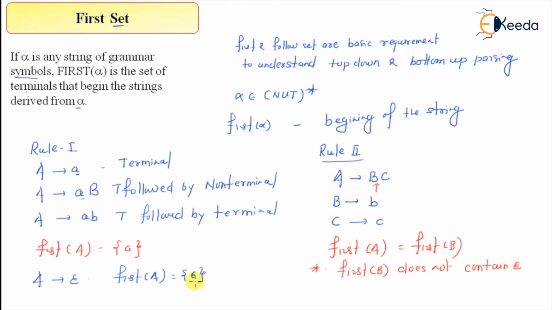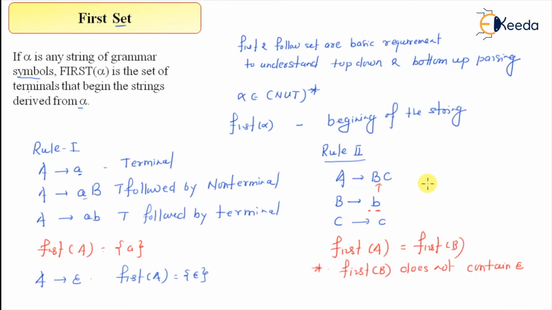If that is the case, first of capital B is only b, so first of capital A is first of B, and I can directly say that first of capital A is equal to b. As you can see, the rules are pretty simple: terminal and terminal, and if you have a non-terminal, then we include that particular non-terminal's first set.